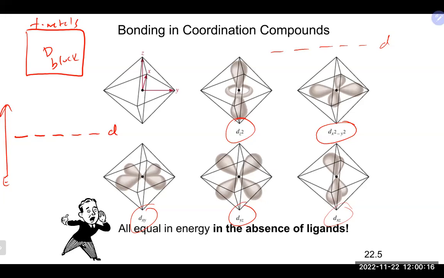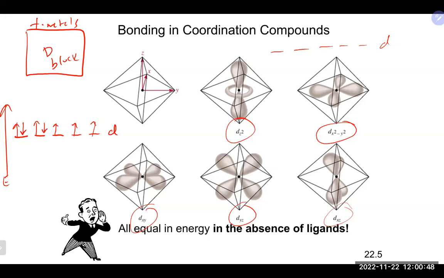Electrons fill them one at a time, until they all have one going in with spin quantum number plus a half, and then they come back and pair up afterwards. That's what's known as Hund's rule. Maximum parallel spin is what we're trying to achieve, and then we come back and pair everybody up.